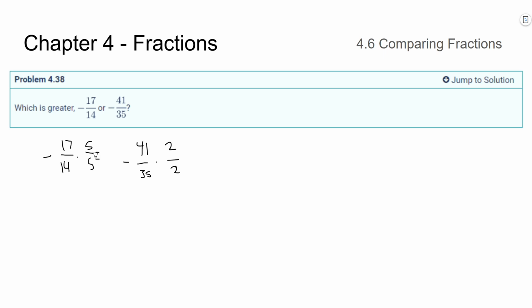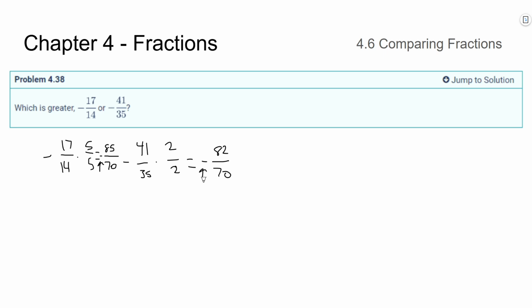So 17 times 5 is 85. Don't forget our negative sign. Negative 85 over 70. And this is going to be negative 82 over 70. All right, so it looks like 85 is bigger than, oh wait, don't forget these negative signs.